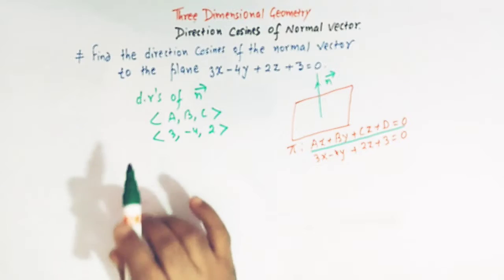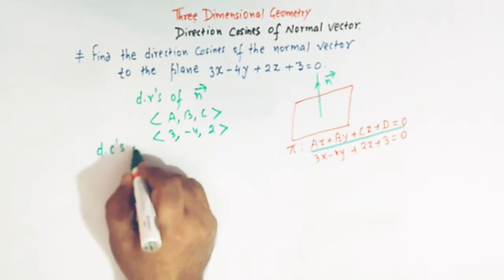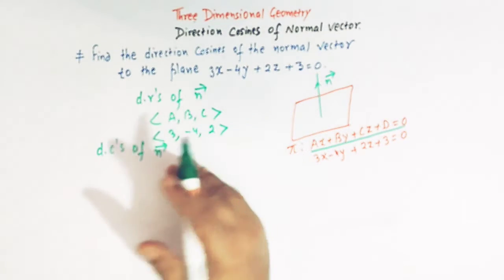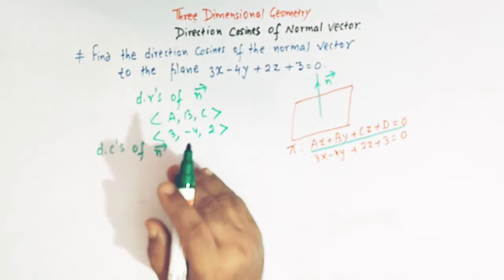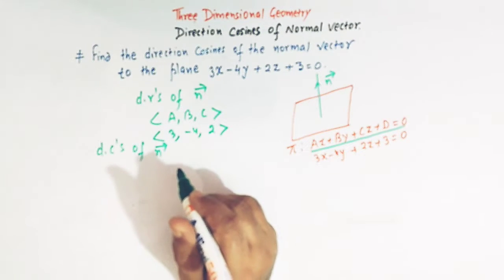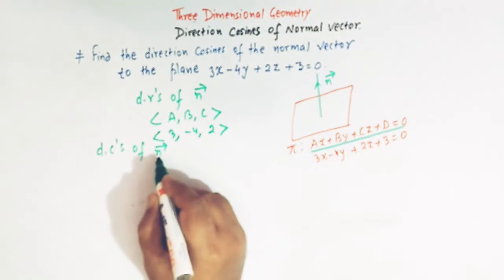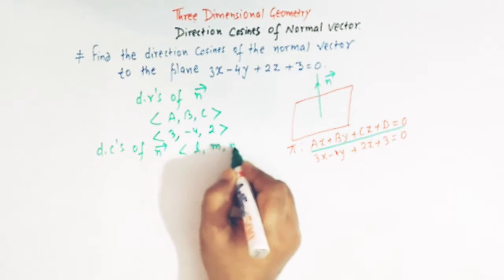Now our aim is to find out the direction cosines of this normal vector. So we know a well-known relation between direction cosines and direction ratios. Suppose the direction cosines of the normal vector are denoted by l, m, and n.